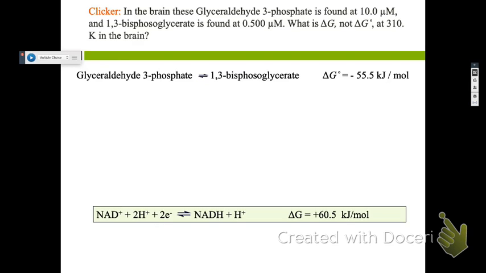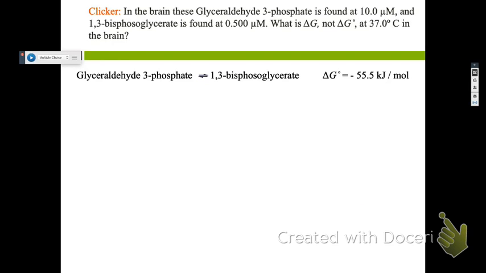What relationships are you guys going to use for this? Does this seem like a reasonable equation to use?